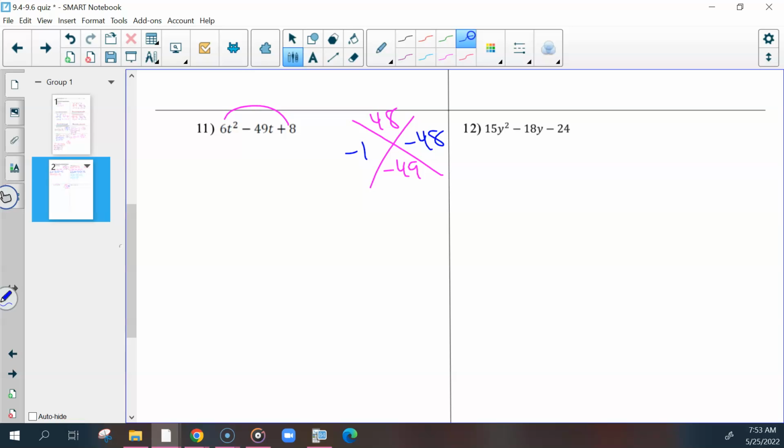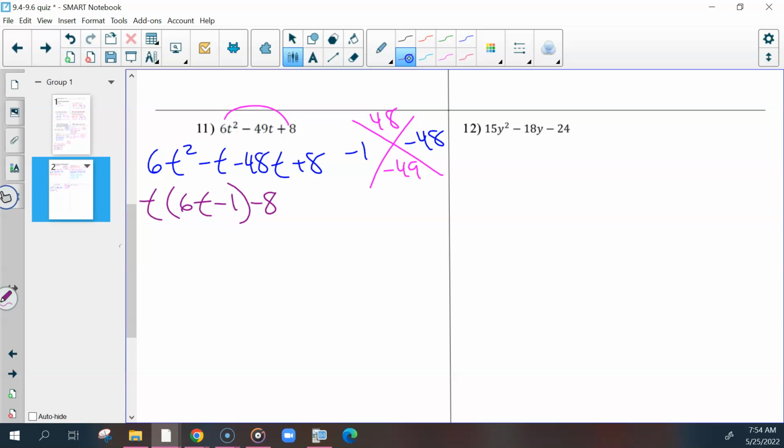So when we rewrite this would be 6t squared minus t minus 48t plus 8. And then from there, these two have t in common, which would leave 6t minus 1. These two have negative 8 in common, which would leave 6t minus 1.